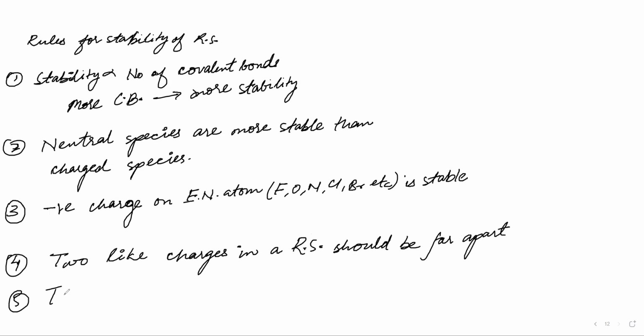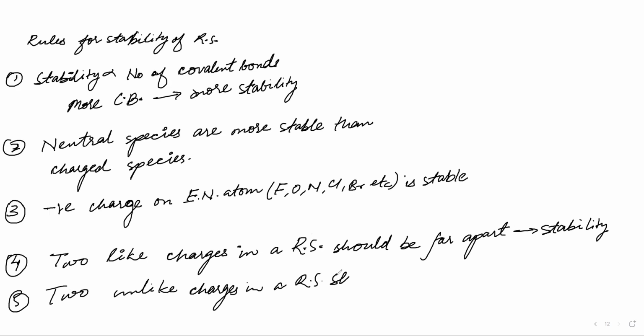The fifth rule is that two unlike charges in a resonating structure should be close together. If they are close together, this will give us stability.